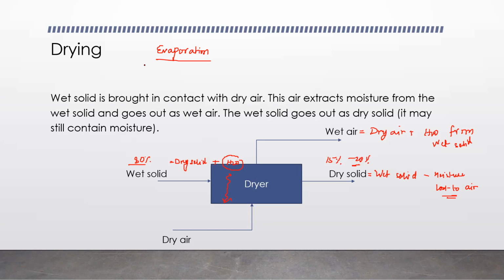Correct. Even in evaporation, we had the feed and water left in the form of E, right? And similarly here, water is being lost, although it's being lost to dry air. So what is the difference between evaporation and drying?